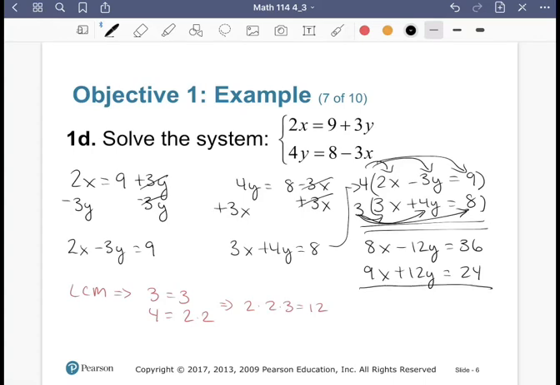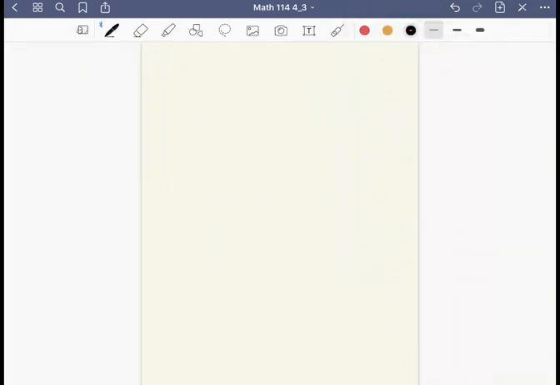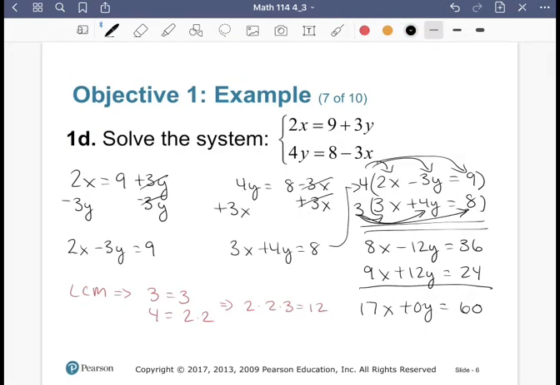We're going to do the addition. So this becomes 8 plus 9 is 17x, plus 0y is equal to 36 plus 24 is 60.